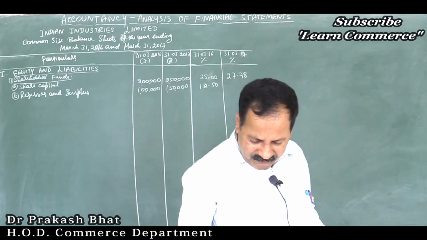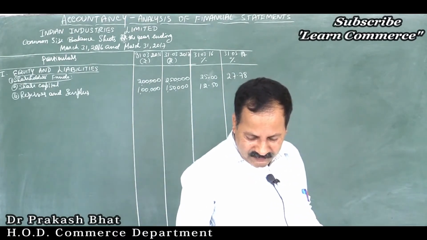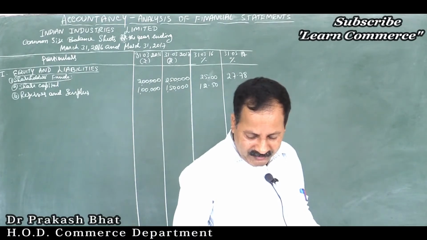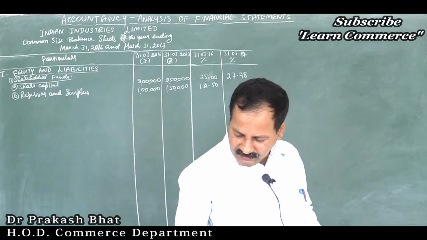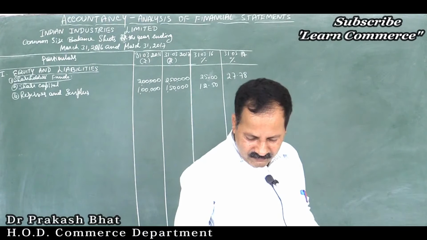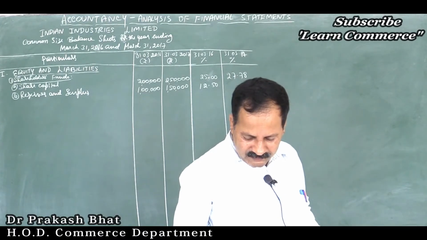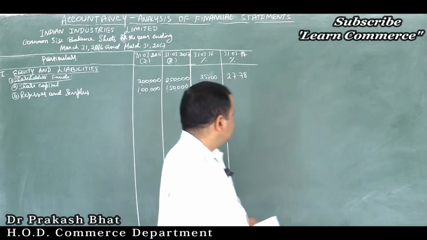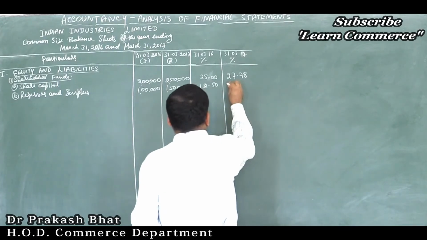Calculate 1,50,000 into 100 divided by 9 lakh. It is equal to 16.67.